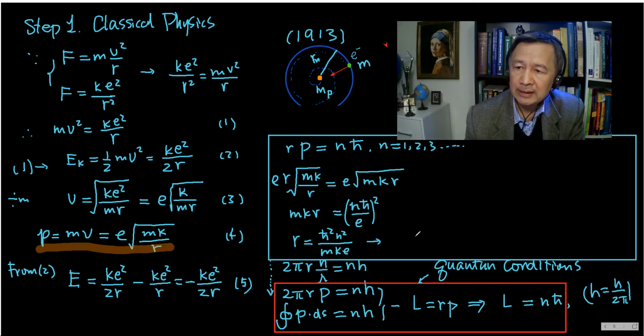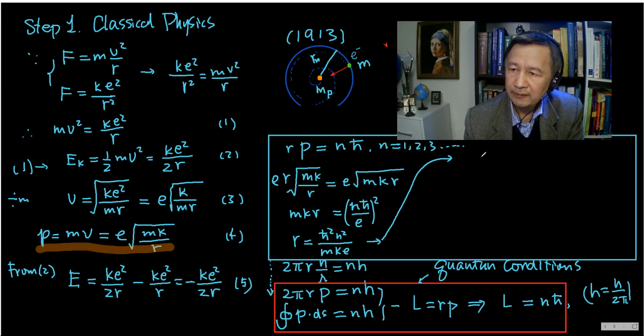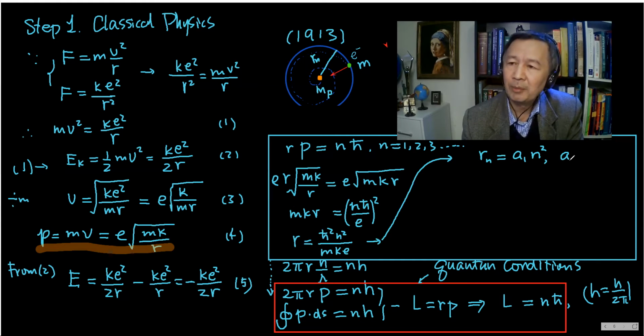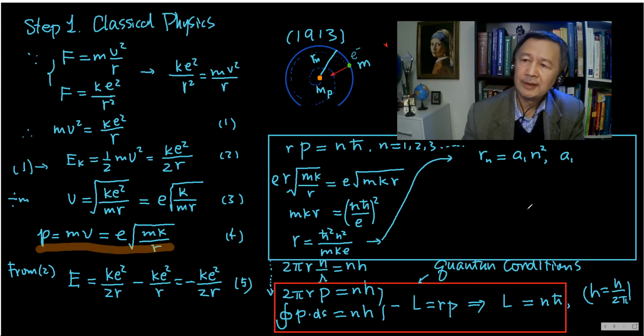So in this way, that is the first formula Bohr derived. I think he was very happy about that. That is R n, we put n here, equal to a1 multiplied by n squared. So what is a1? a1 is called the Bohr radius, which is the smallest radius, or distance, between the electron and the proton.